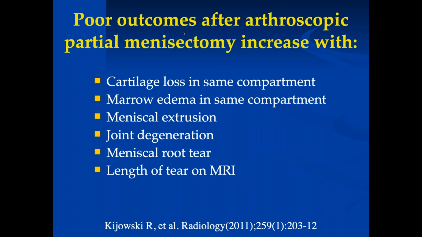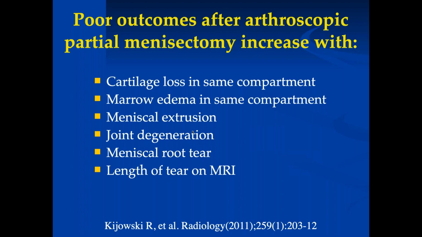So this was a study in radiology where they looked at outcomes in partial meniscectomy. And they found that those patients that did poorly with partial meniscectomy are those who had cartilage loss in the same compartment, marrow edema in the same compartment, meniscal extrusion, joint degeneration, meniscal root tears, and the longer the length of the tear, the worse the outcome.